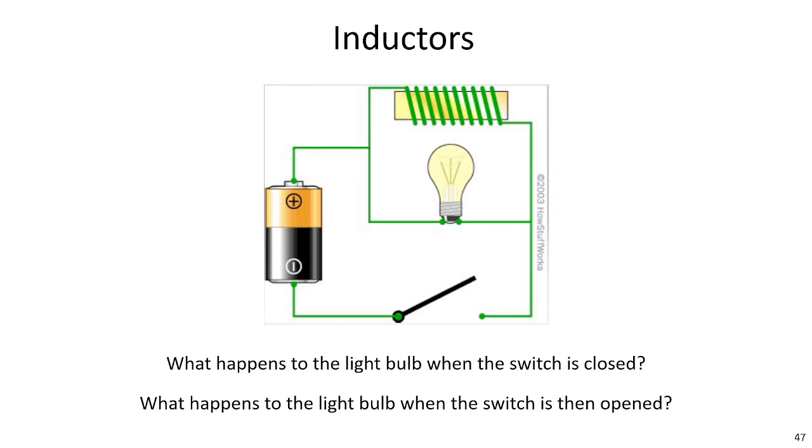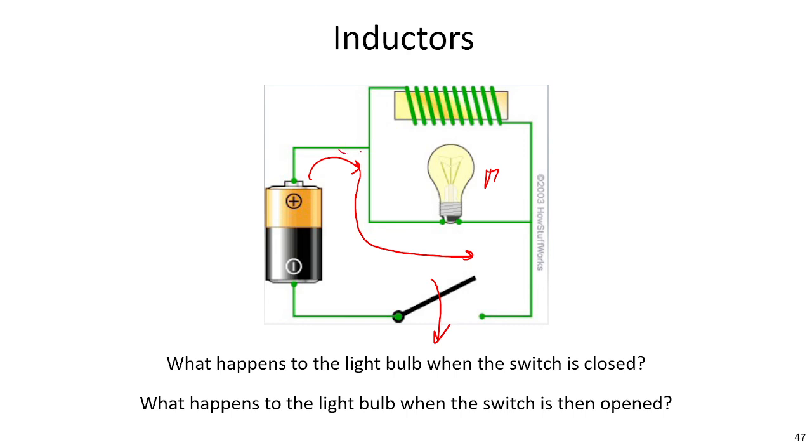Okay, let's see this circuit. What happened to the light bulb when the switch is closed here? When the switch is closed, the current flows here. What happened to the light bulb when the switch is open? First, if we close this switch, the current will flow to the lamp. The lamp will be on.